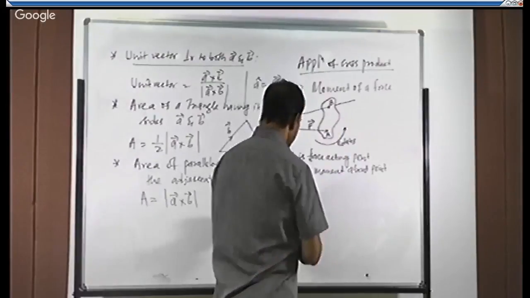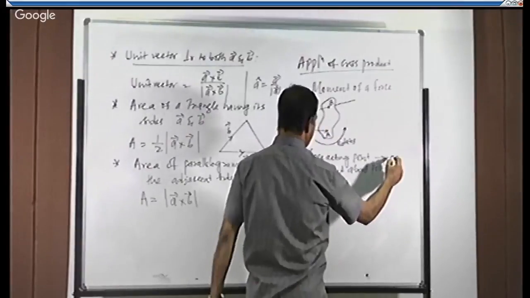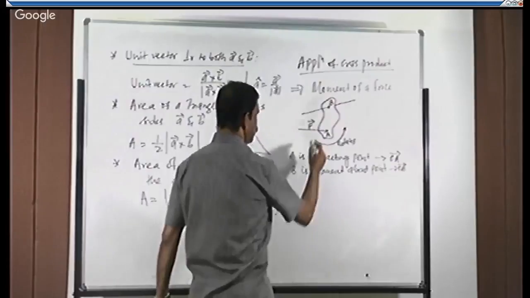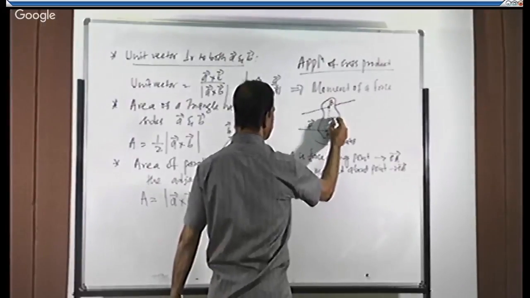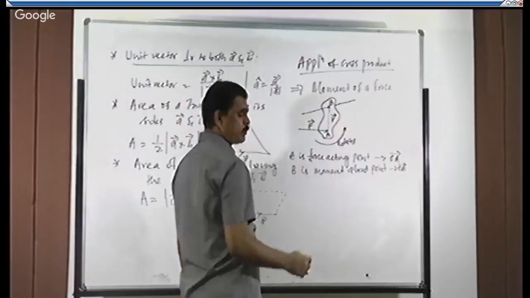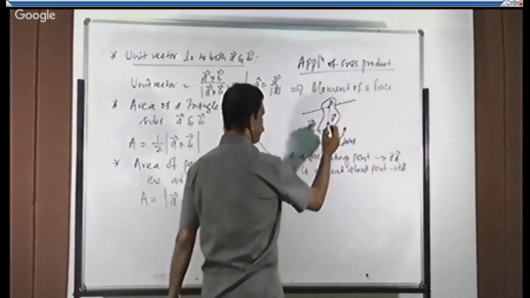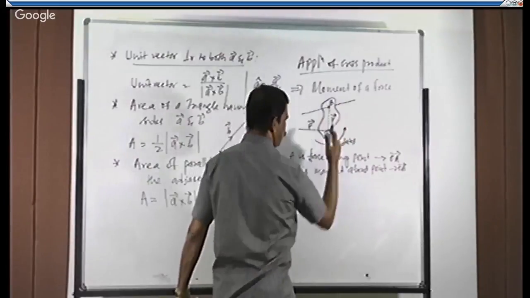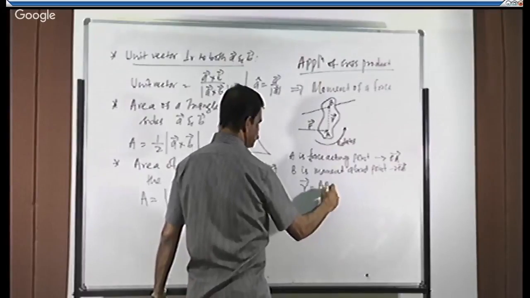Get their position vectors. What is the position vector of A? OA. What is the position vector of B? OB. Then the distance between these two will be always considered as R, S, or D. It is conventional. You can take anything. So here I am taking R. It will be called arm length. Okay. So R is always equal to AB.